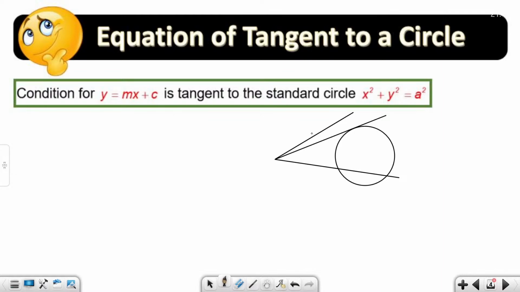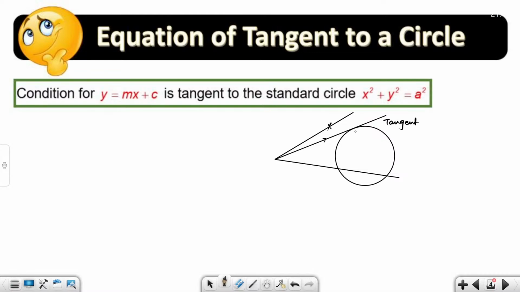Now, the line which is not touching the circle, I don't have any relation with that. I don't have any relation with a line which does not touch or intersect the circle. The line which is touching the circle at only one point is called your tangent.